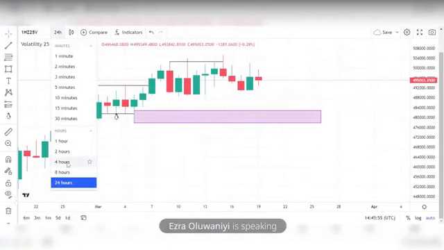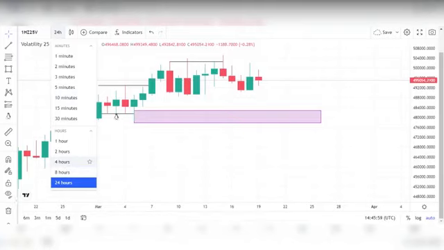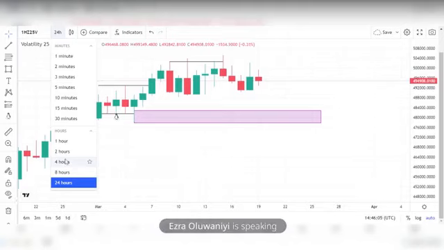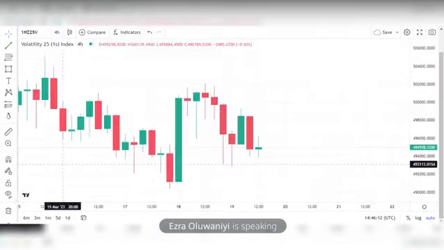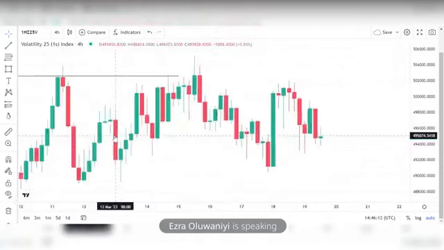I think it must be an OB that you are marking there. Okay, because of experience, I know that if you see a long wick like this on daily, there must be a candle. So let me show you on H4 so that you can see it very well.